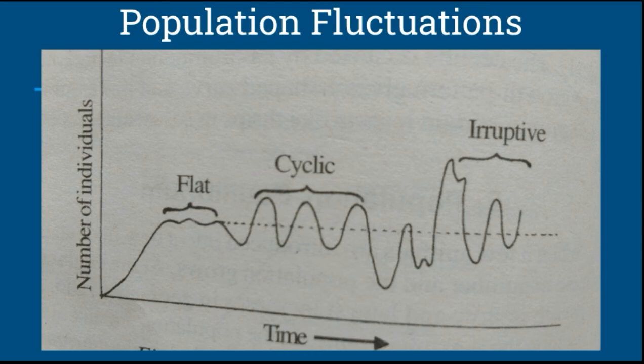Extrinsic factors are the factors of the environment, such as temperature, light, rainfall, space, and food. Extrinsic factors cause irregular fluctuations.